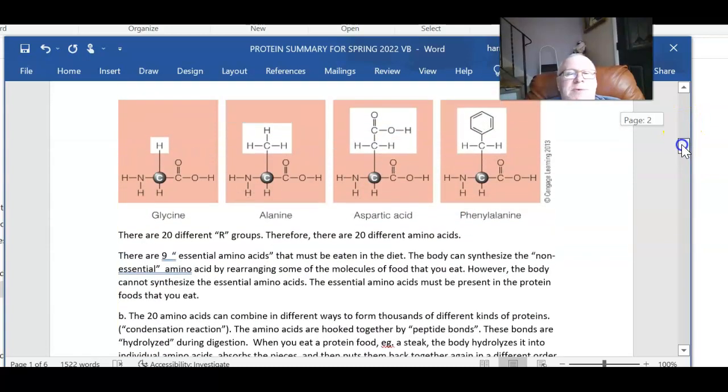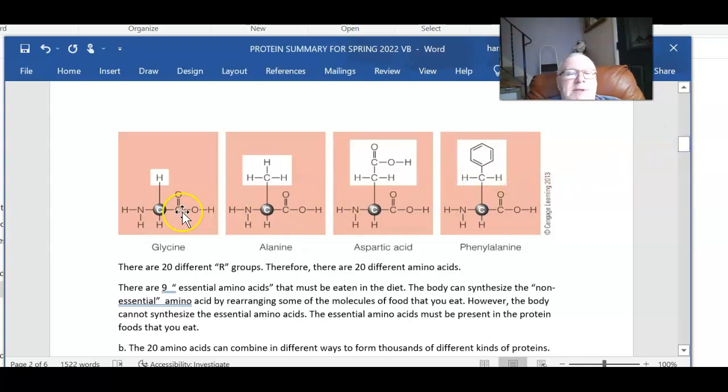Yeah, here are 4 different amino acids. You can see they all have the central carbon, the carboxylic acid or the acid group, the NH2 or the amino group. Oh, and I didn't point out they also have a hydrogen attached here. So you've got a carbon, acid group, the amino group right here, the NH2, and then you have the hydrogen right here.